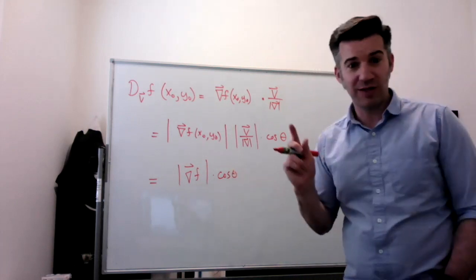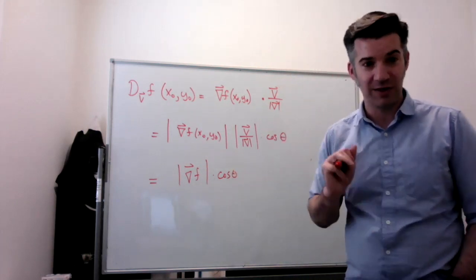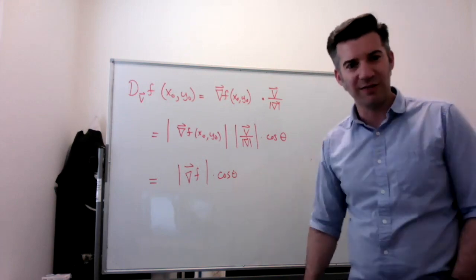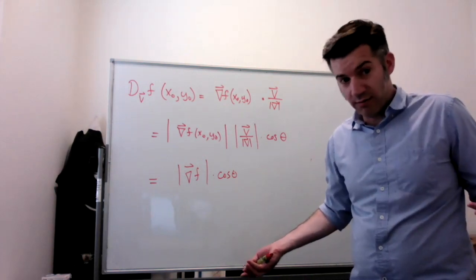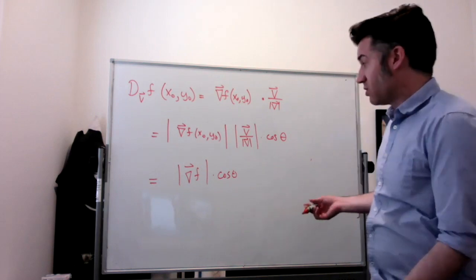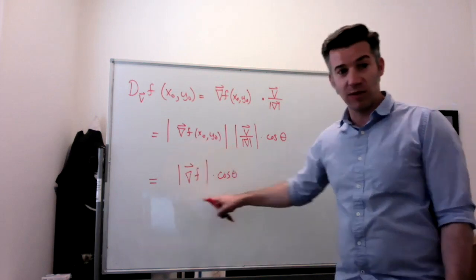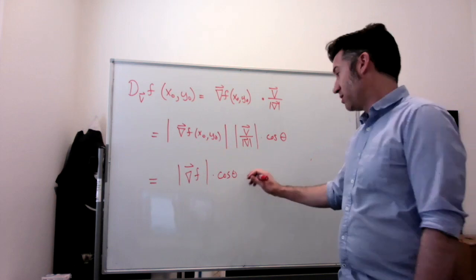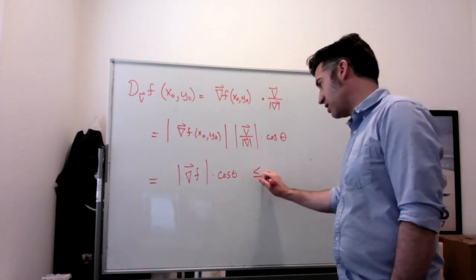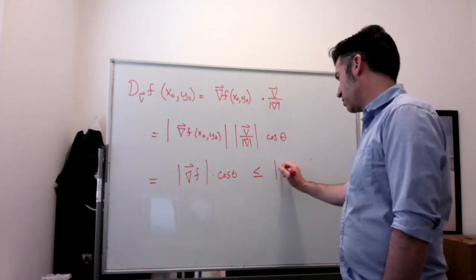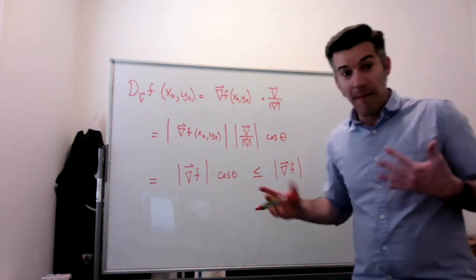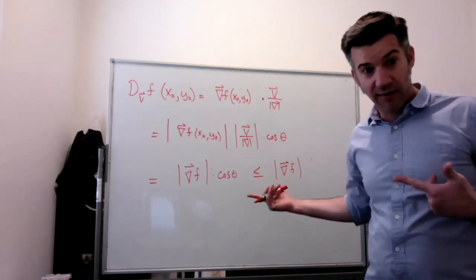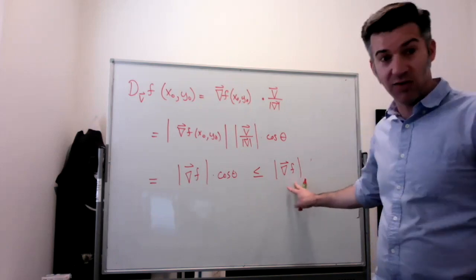Okay, well, the answer to this question is the same as the answer to the previous question. What's the biggest cosine of theta can be? Also 1. Right. So the biggest this can be is when cosine of theta is equal to 1. This is always less than or equal to the magnitude of the gradient of f, which means the maximum value this can have is actually the magnitude of the gradient of f.